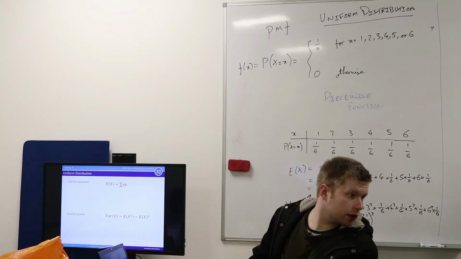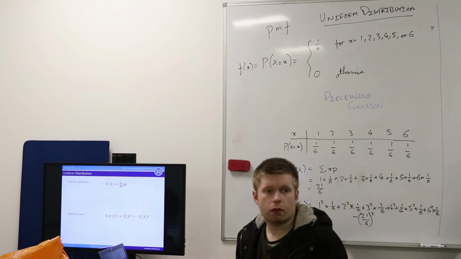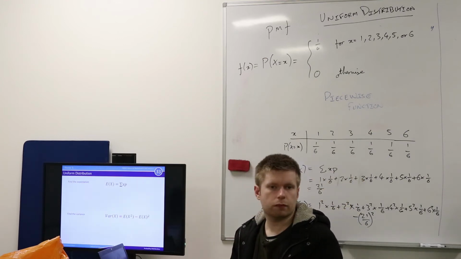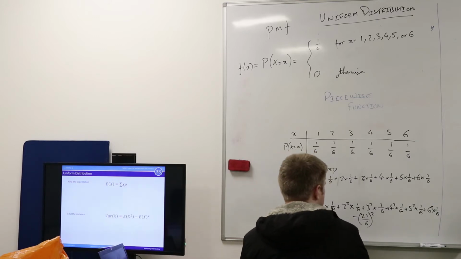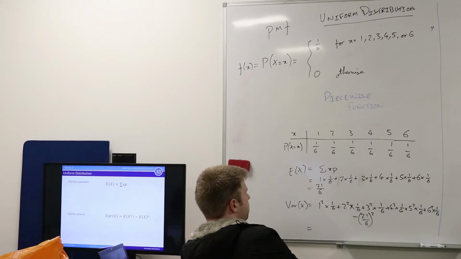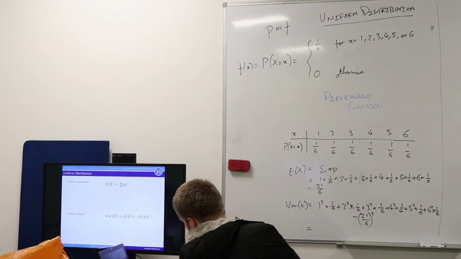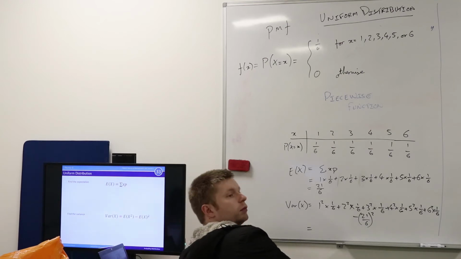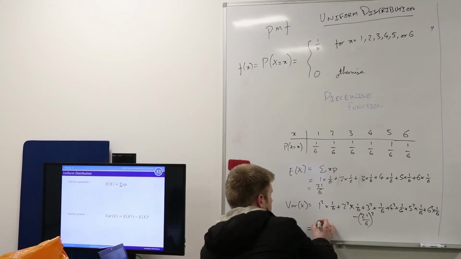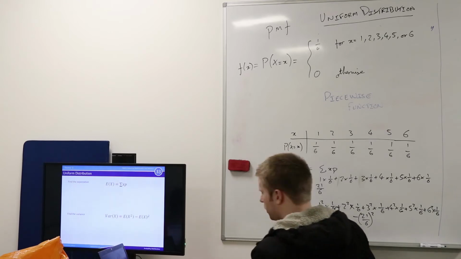And have you done the variance of X yet? 35 over 12. Cool. Okay.